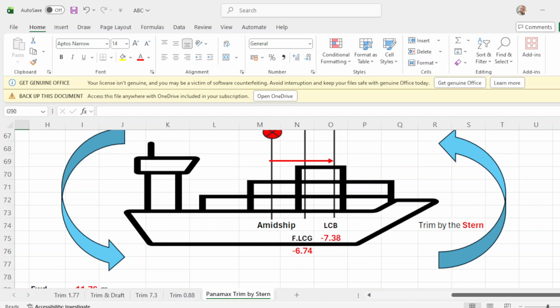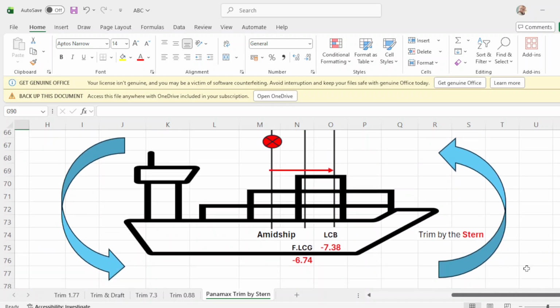Another explanation is that the final LCG represents the weight of the vessel, the cargo, or anything within the vessel, which, because of gravitational pull, puts force on the vessel to go downward. That's why you have an arrow going downward because of your LCG. Buoyancy is the water pushing upward, that's why you have this arrow going upward.